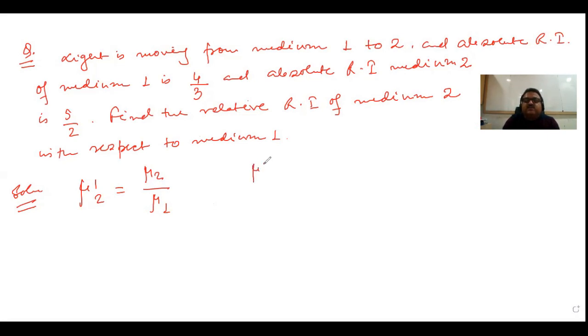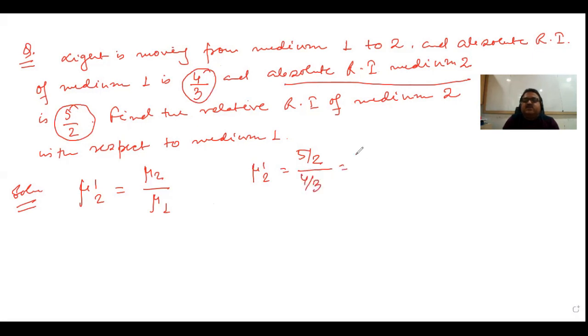It is given that the absolute refractive index of medium 2 is 5/2, so you should put 5/2. And the absolute refractive index of medium 1 is 4/3. So now do 5/2 into 3/4. 5 3s are 15 by 8. You can write it as 15/8, or you can find the answer in decimal. Okay, so this is it.